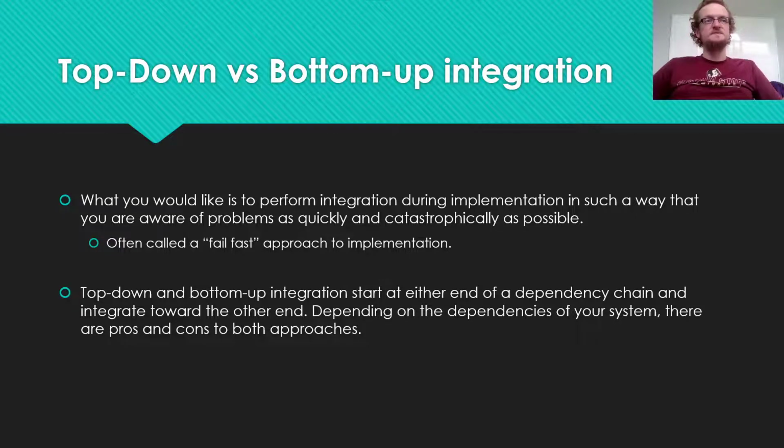And they're going to form some sort of dependency chain. So there's going to be some class that is always calling another class in your system, and there are going to be classes that are only called by other classes in your system. And so top-down and bottom-up integration starts at either end of that dependency chain, and there's obviously going to be pros and cons to either approach.